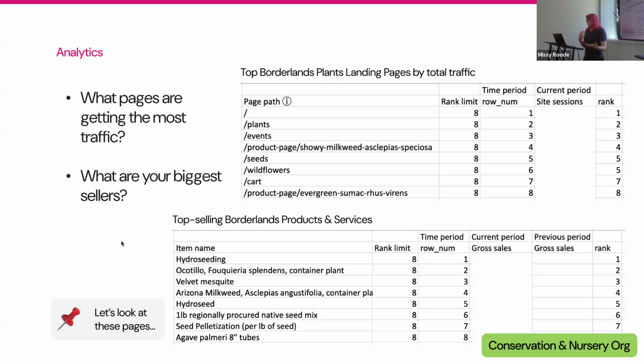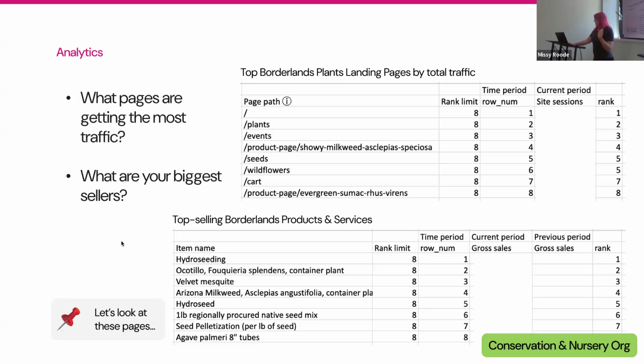Some of those category pages make a lot of sense. You would anticipate they'd get a lot of traffic, but it's interesting that product pages are in the top 8 as well. You have this milkweed and you have evergreen sumac, and I don't know how to pronounce the rest of that, but you have these two very specific types of plants that apparently are driving a ton of traffic. Very interesting.